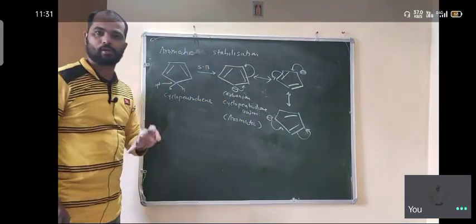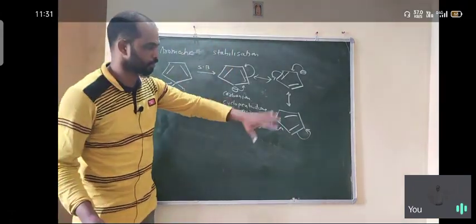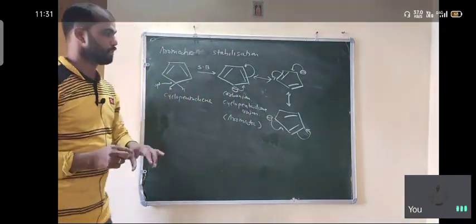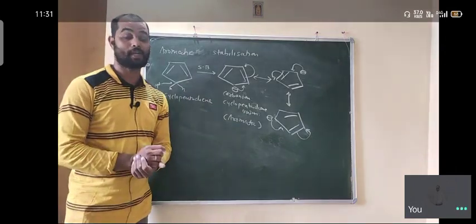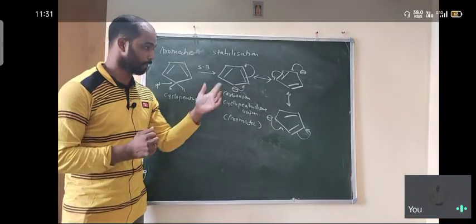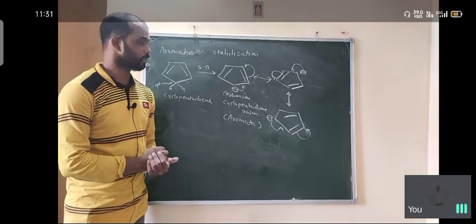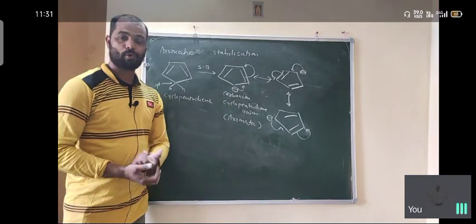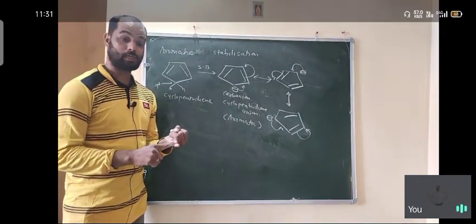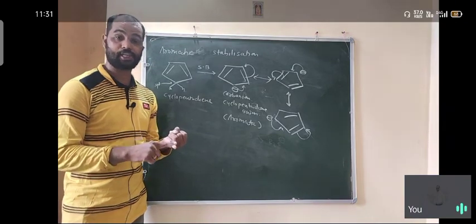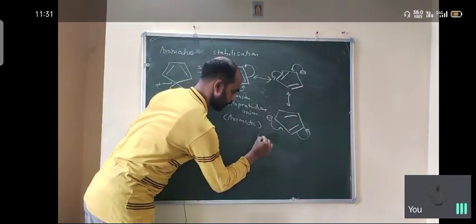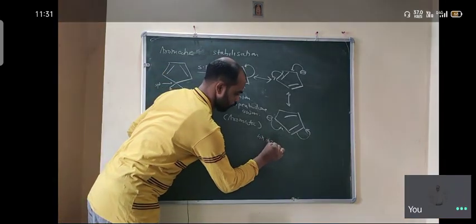It means there is delocalization over all five carbons, and all five carbons get the double bond, so all carbons have sp2 hybridization due to resonance stabilization. You know the condition of aromatic: the compound should be planar, conjugated, cyclic, and obey Huckel's rule, 4n plus 2 pi electrons.